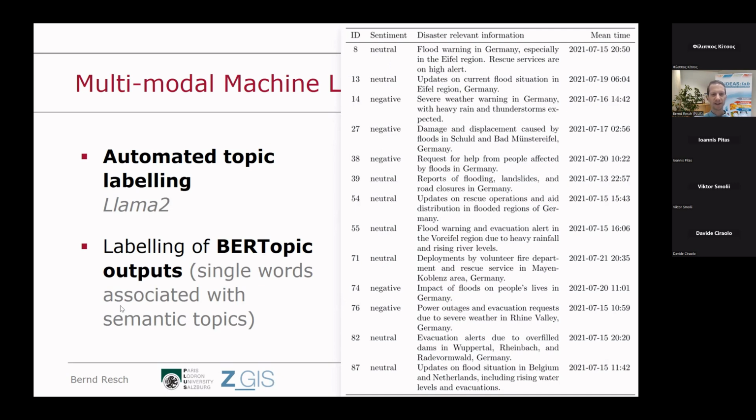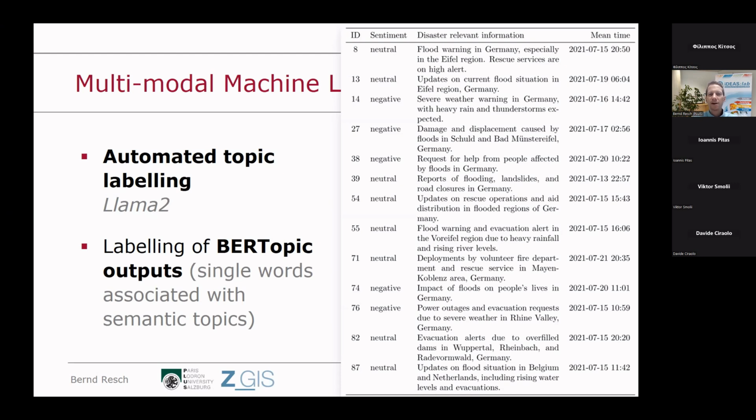Single words that define a topic that are associated with a semantic topic. For the earthquake topic, for example, you would have earthquake and shake, and the earth is shaking and so on. Whereas for a flood topic, you would have water and flooding and rescue and all different kinds of words.